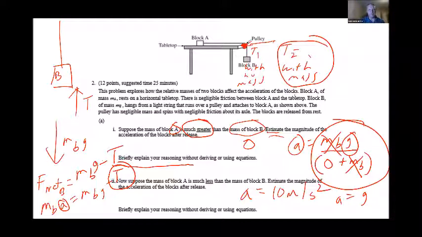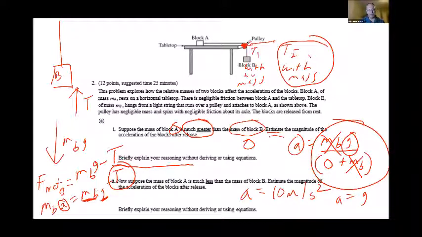Somebody help me out. The mass of B is not changing. We know the acceleration of gravity is not changing. That means the tension's got to change. And what's got to happen to that tension to make the acceleration of block B be less when there's that massive pulley? The tension's got to go up.